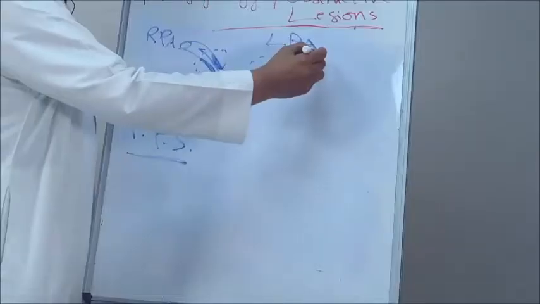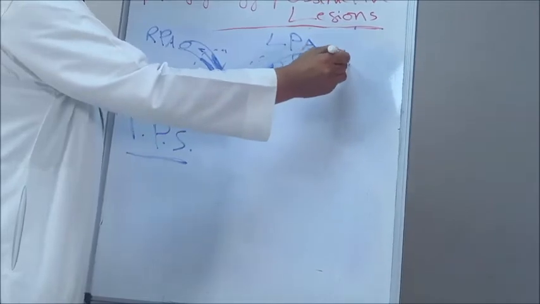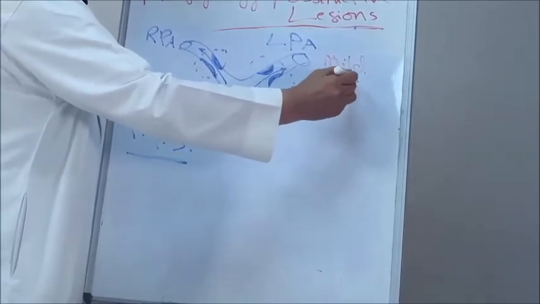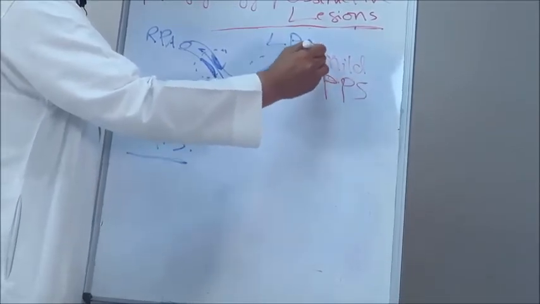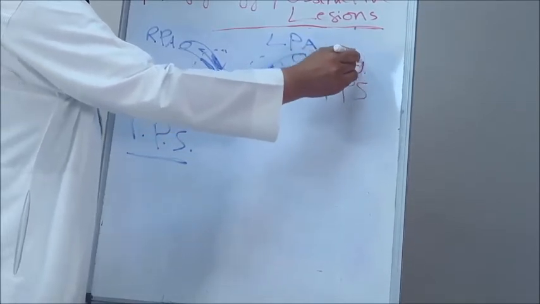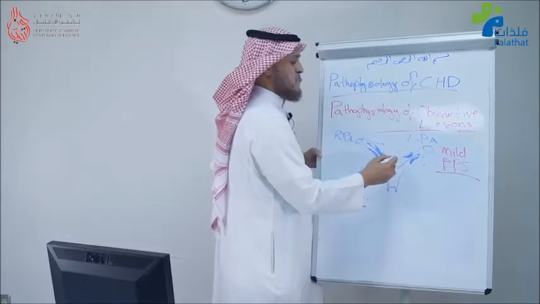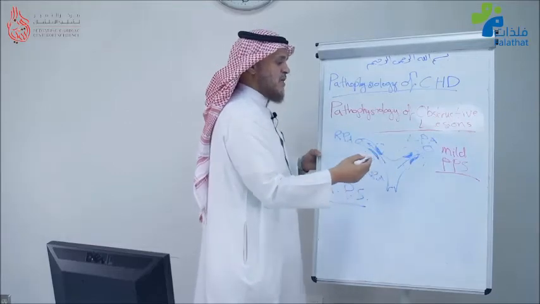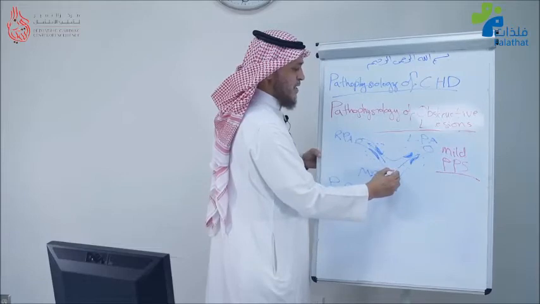Mild PPS is, again, like any mild stenosis in most of the parts of the heart, will usually cause no effect. What do we mean by mild gradients or mild PPS? We said before that the pressure here is normally around 20.